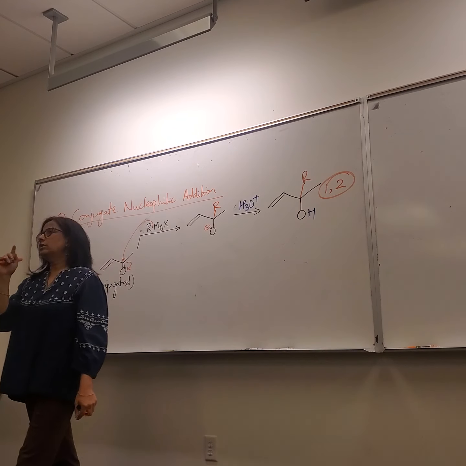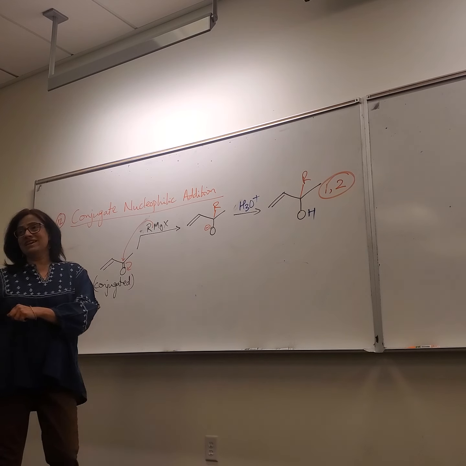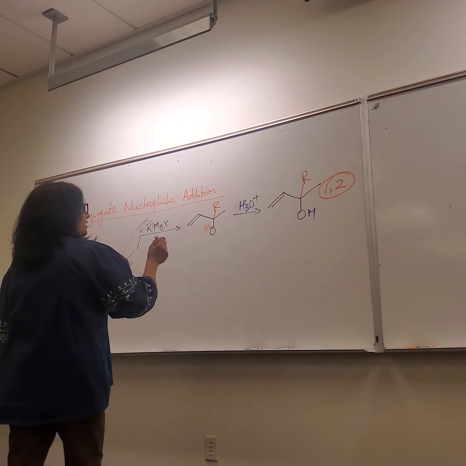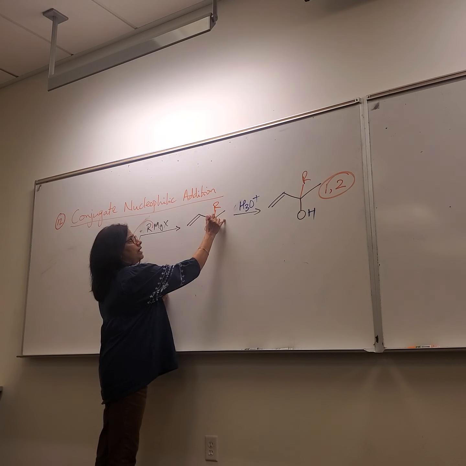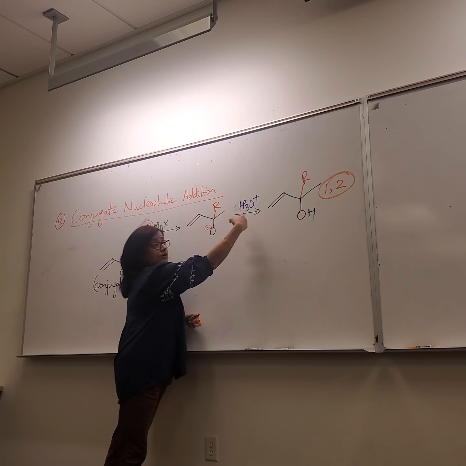I think we talked last quarter about direct addition and conjugate addition, isn't that right? Last quarter when we looked at conjugated dienes, we did talk about the thermodynamic product and kinetic product and all of that. The point is, this is a direct product because R and H went across that pi bond. Do you guys see that?